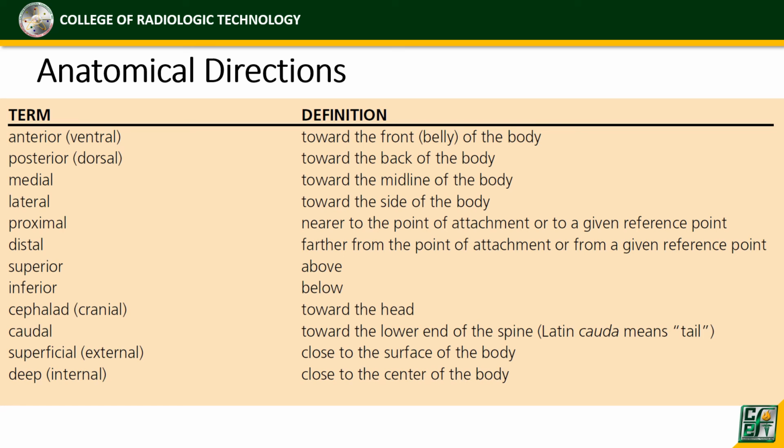Cephalad means towards the head, and caudal towards the tail. It is primarily used when we are angulating our X-ray tube. So again, cephalad towards the head, caudal or caudad towards the tail.